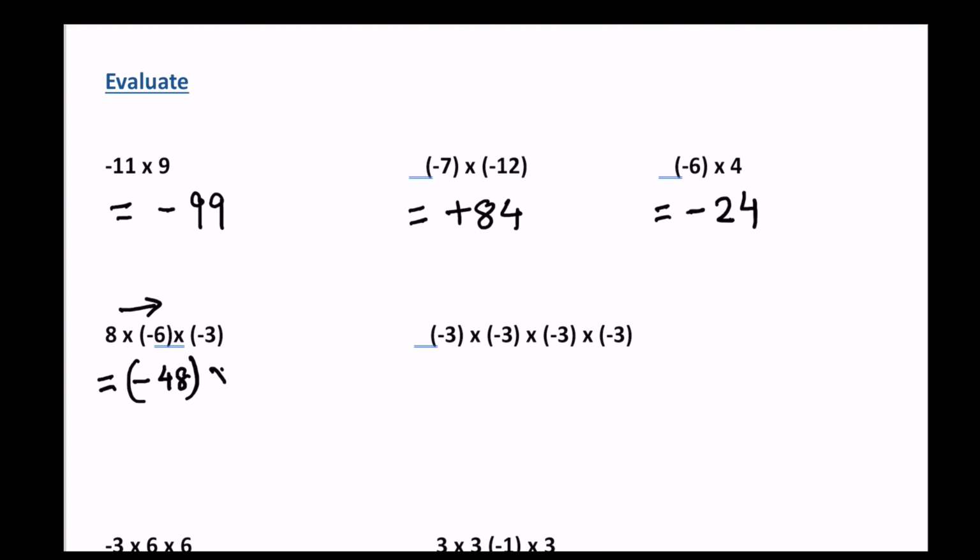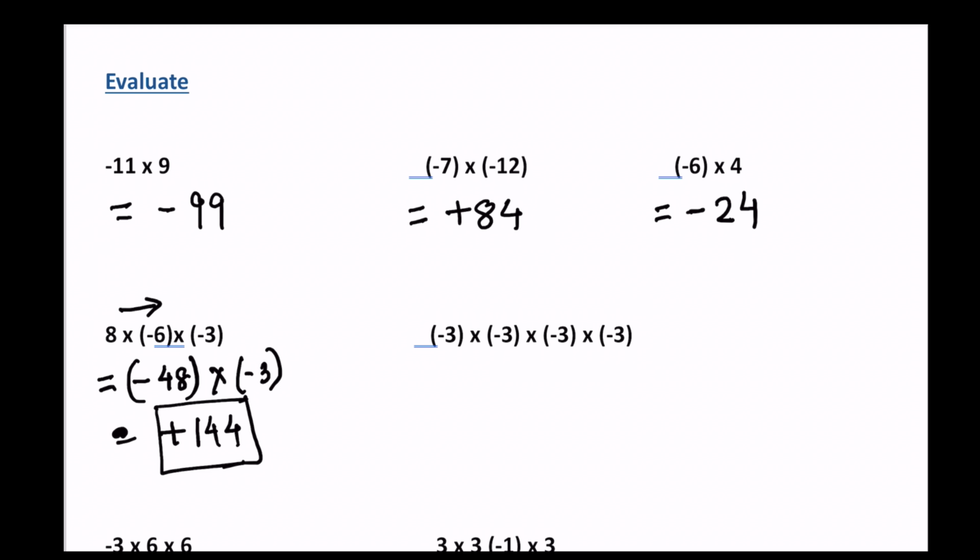We did the first step, now into minus 3. The sign rule says a negative number multiplied with a negative number, the resulting number will be positive. And 48 times 3 is 144. So 144 is the answer.